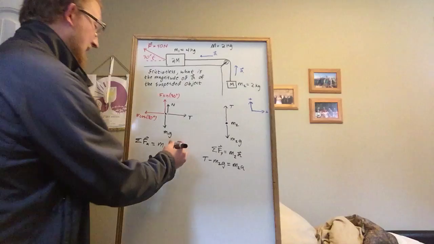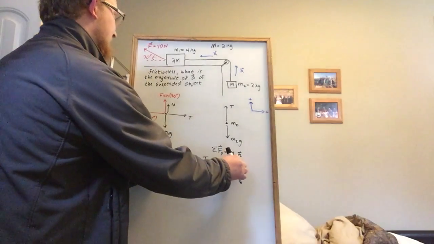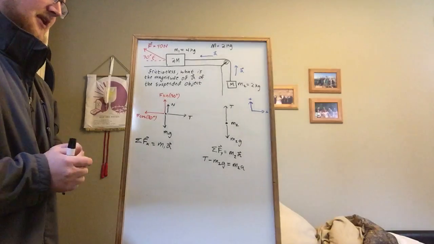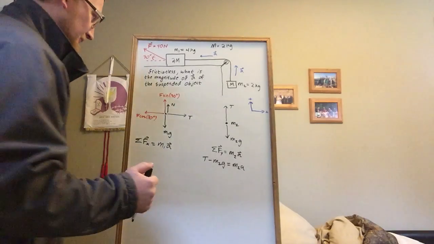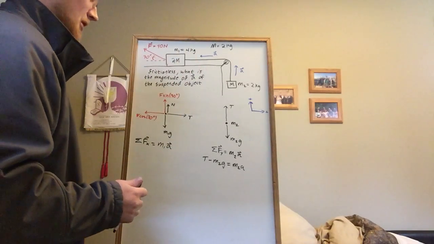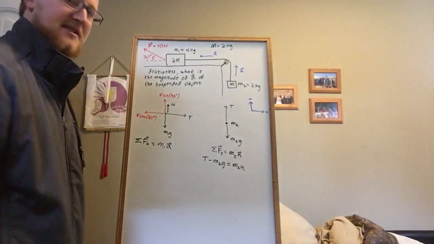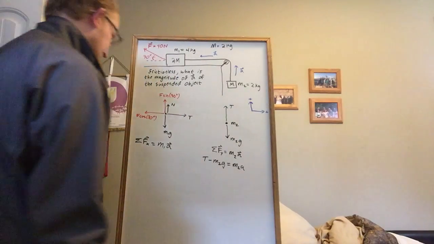The A here is going to be equal to the A there in magnitude, because both of those accelerations are going to be the same in the system, as long as there's no slack in the rope, or the rope isn't allowed to extend or contract.